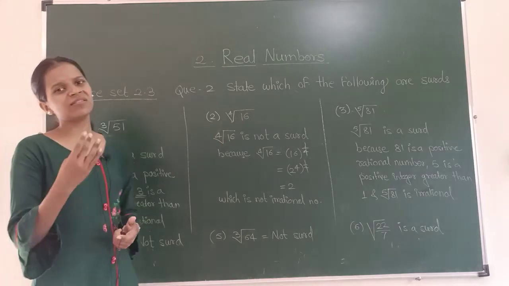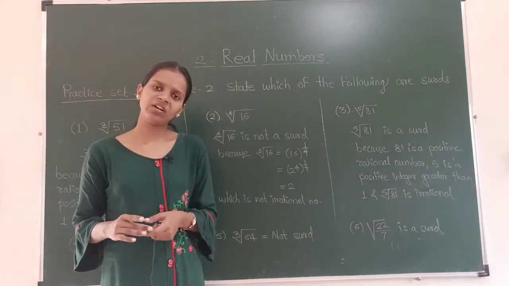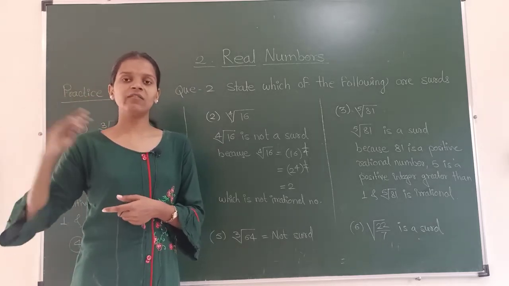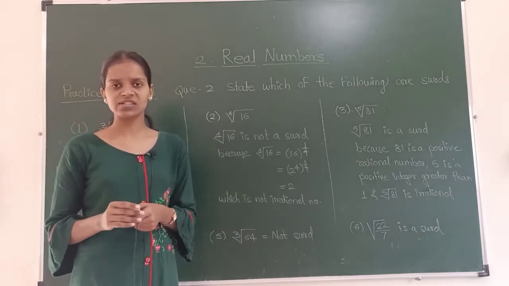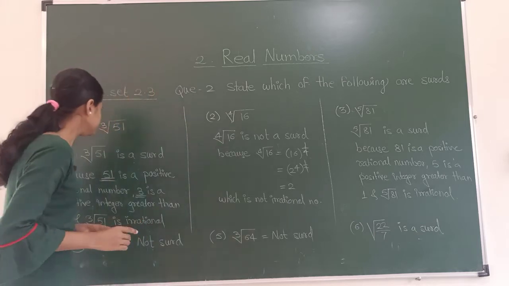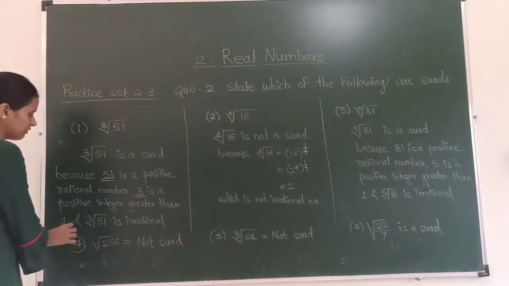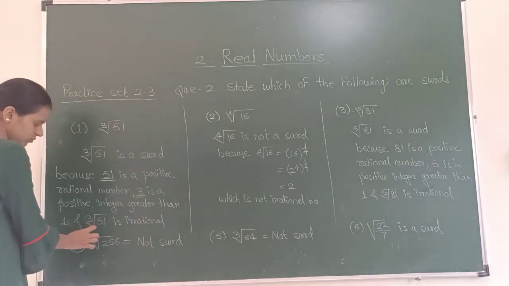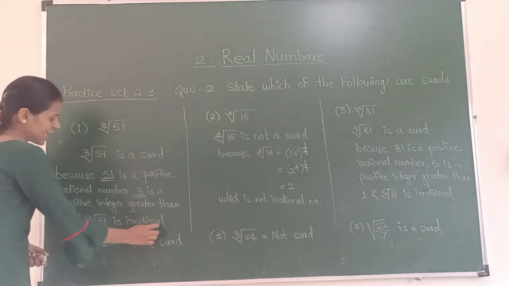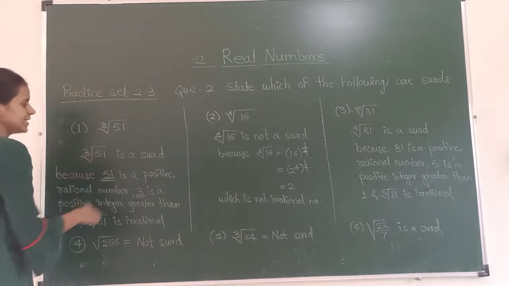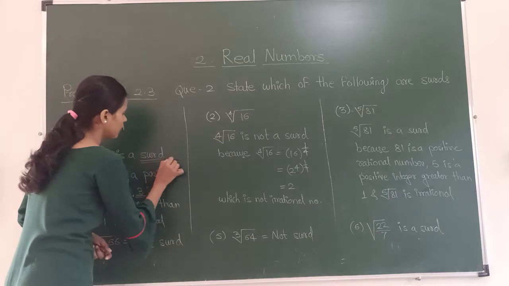The integers less than 1 are negative integers, they cannot be positive. So 3 is a positive integer greater than 1. Therefore 3 under root of 51 is irrational. So 3 under root of 51 is a surd. So the first one is a surd.